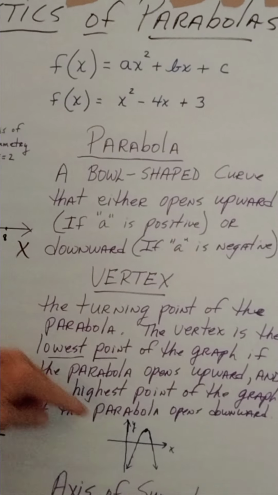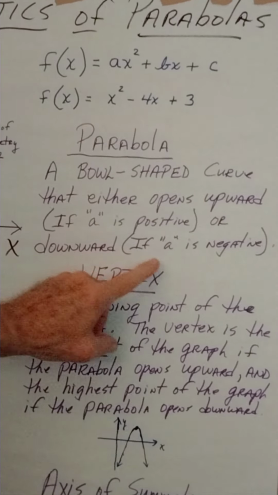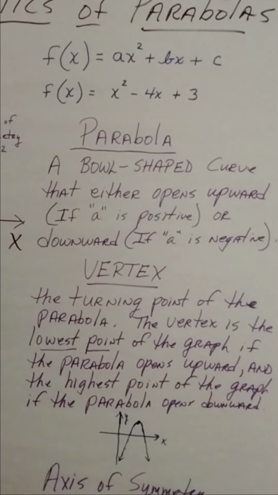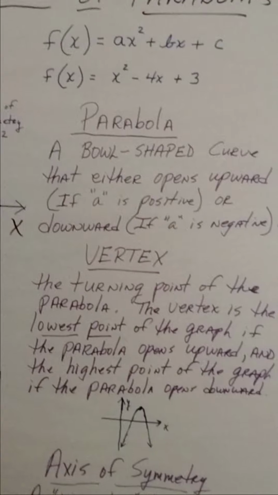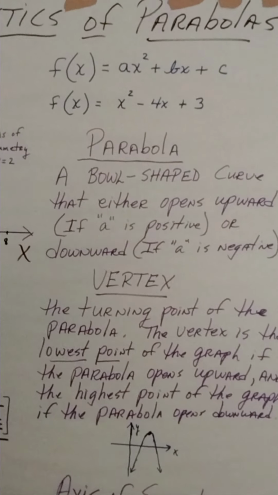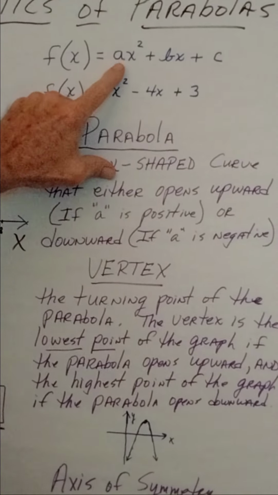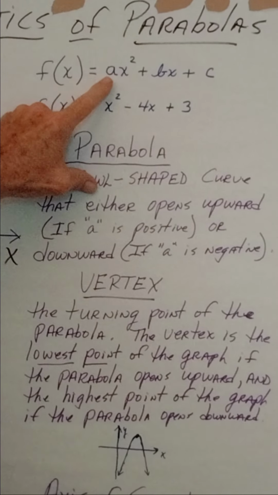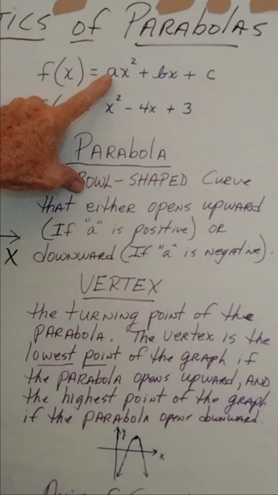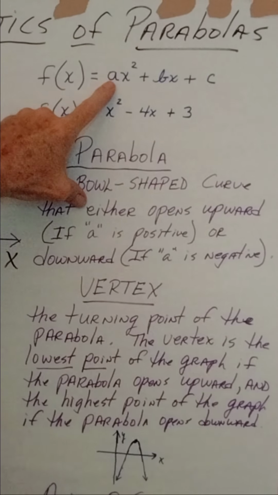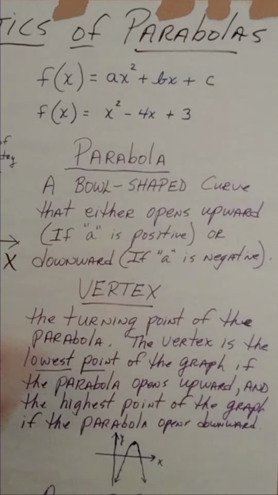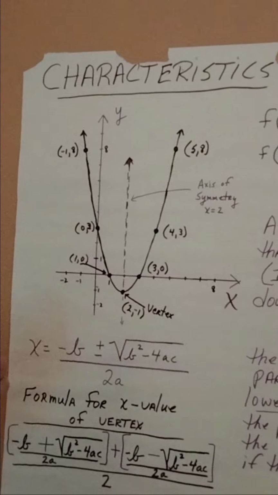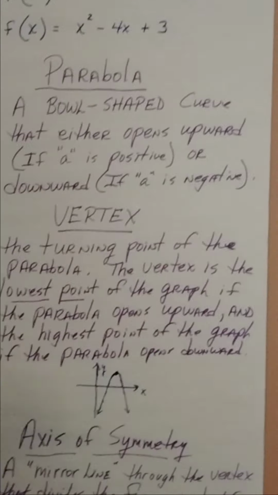It will open downward if a is negative. So how a parabola opens hinges on the value of a. If a is positive, the parabola opens upward. If a is negative, it opens downward.